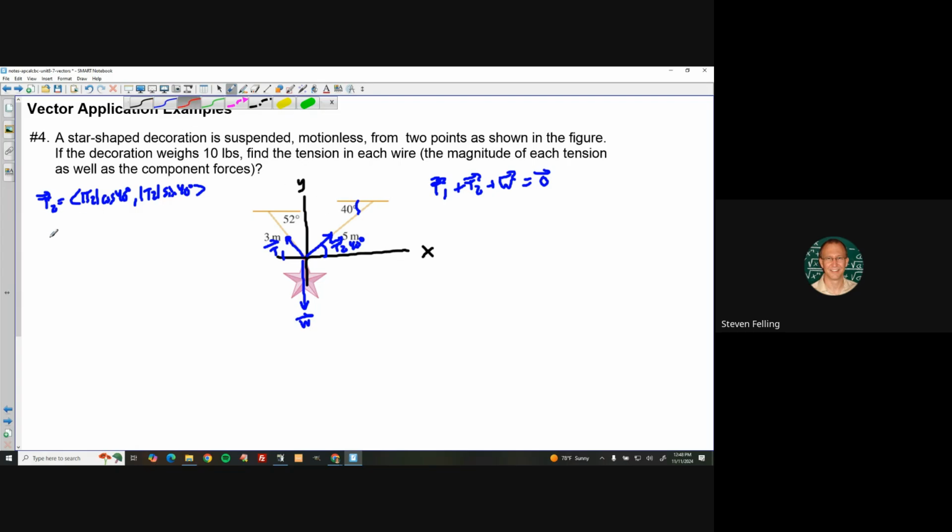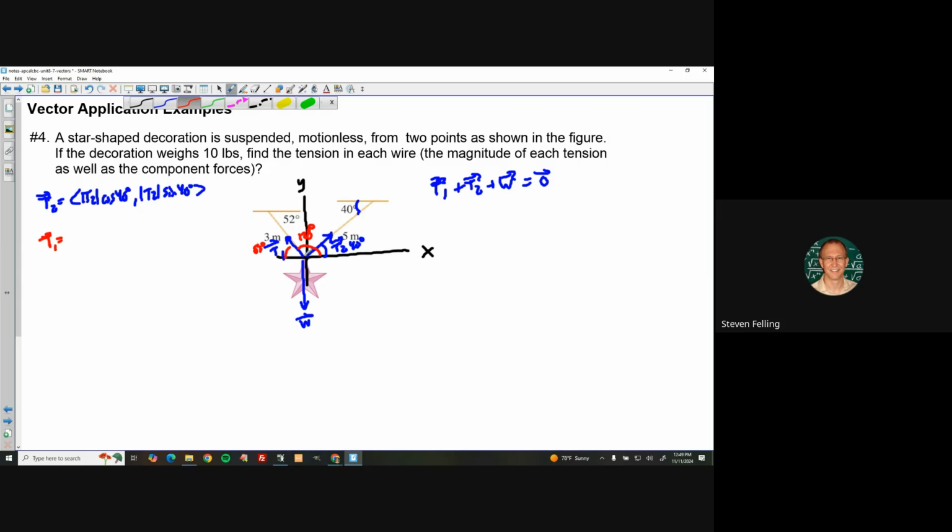Okay, then let's do that for tension 1. Tension 1 has its own angle, but from the x-axis, it's this angle, right? And since this angle here is 52, this angle is 180 minus 52, which is 128. These have to add up to 180 degrees. That's 52, this is 52, there's 128 left.